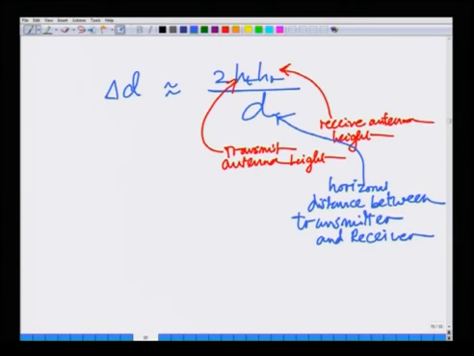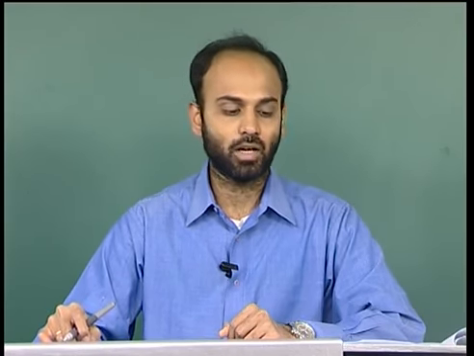Okay. So this is what we have. We said delta D, which is the difference between the paths dg minus dLOS, is equal to 2 HT HR by D, where HT is the transmit antenna height, HR is the receive antenna height, and D is the horizontal distance between the transmitter and the receiver.